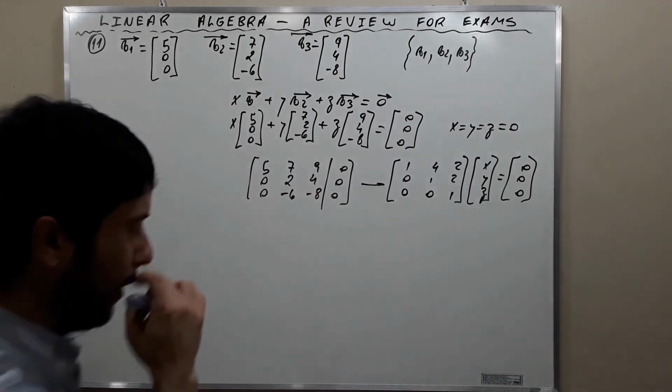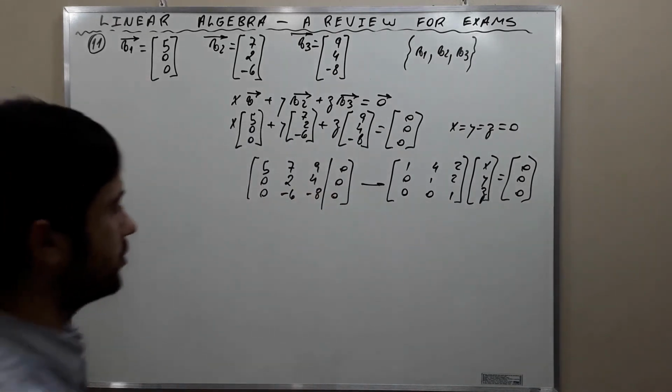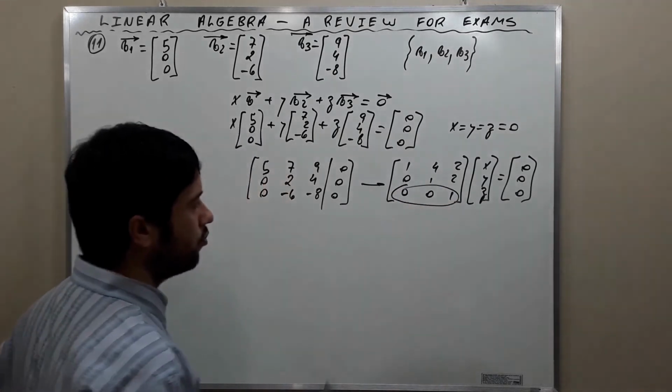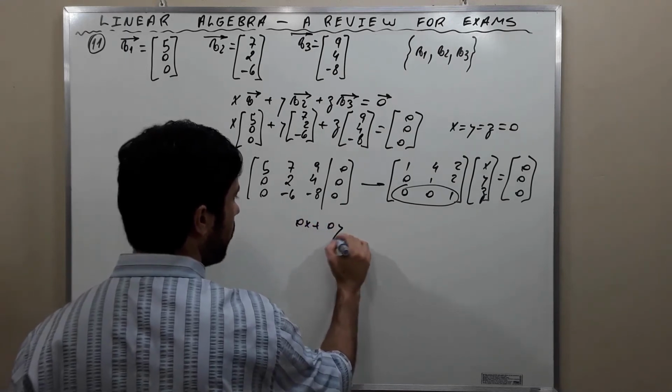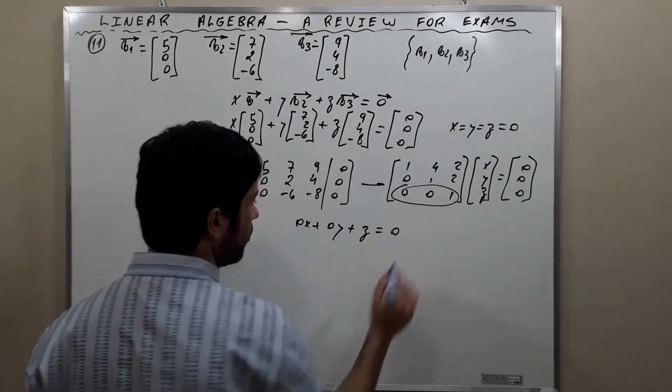All right. Observe this row here. This row is 0x plus 0y plus z equal to 0.